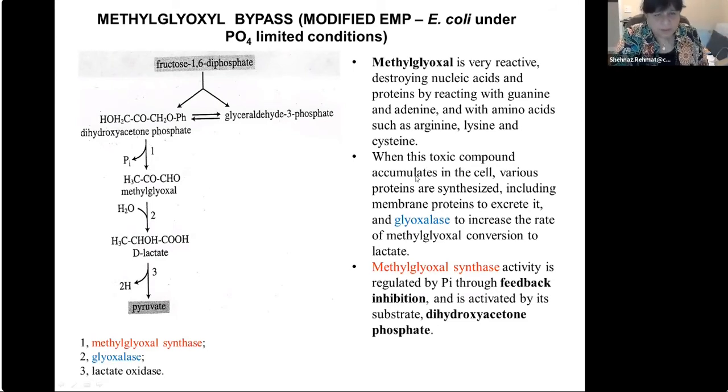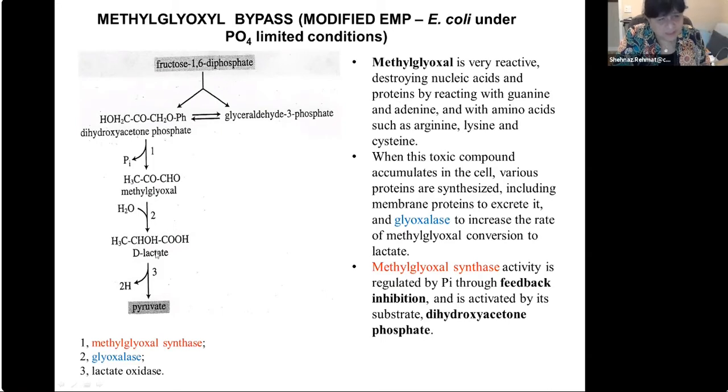When this compound accumulates in the cell, various proteins are synthesized, including the membrane proteins that will excrete this out of the cell. And it will also produce an enzyme called glyoxalase, which is the next step. In the next step, this is the glyoxalase enzyme that will convert your methylglyoxal into a safe lactate, and then lactate will convert to pyruvate.